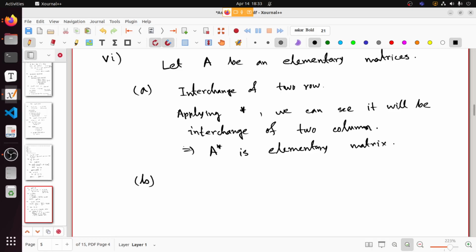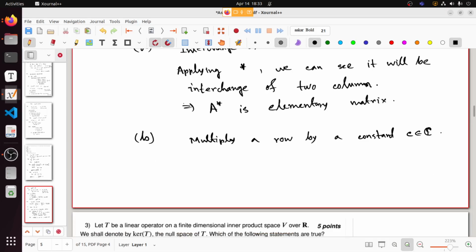Type B, what is it? Multiplying a row by a constant C. Yeah, this time the constant is a complex number, right?